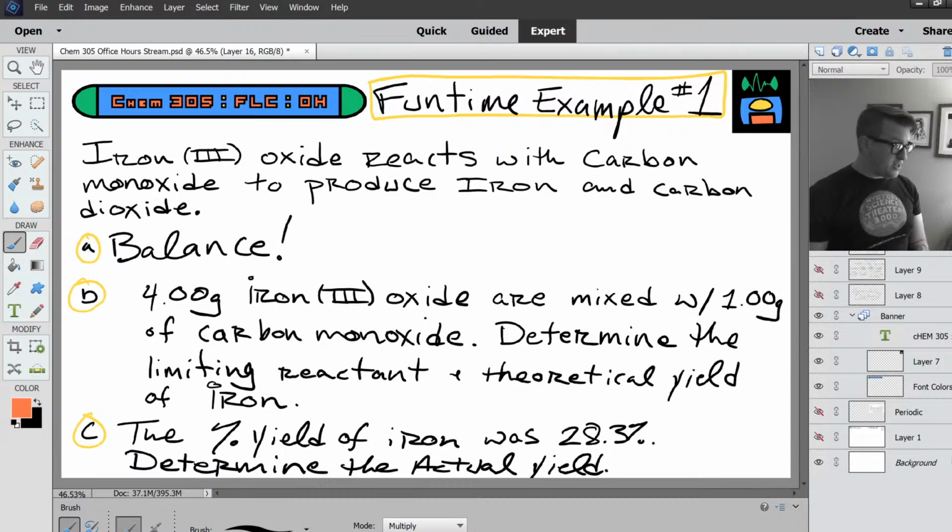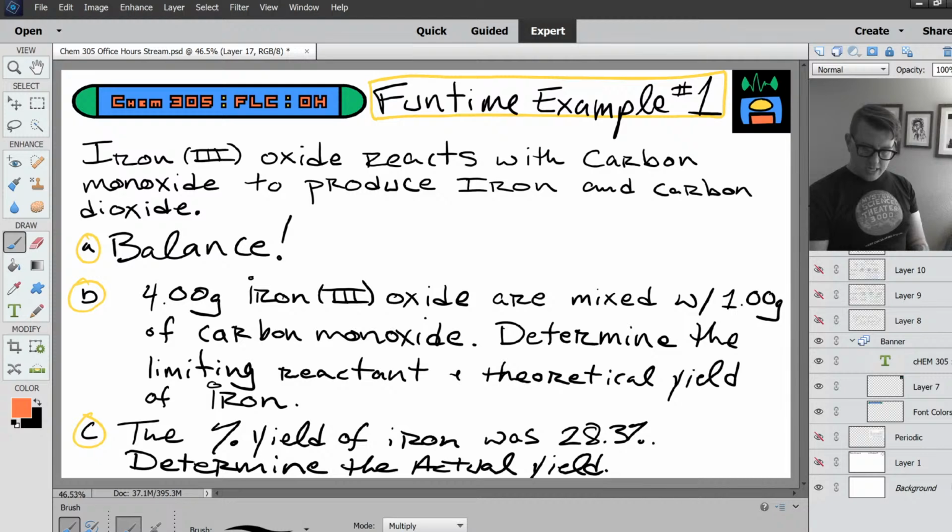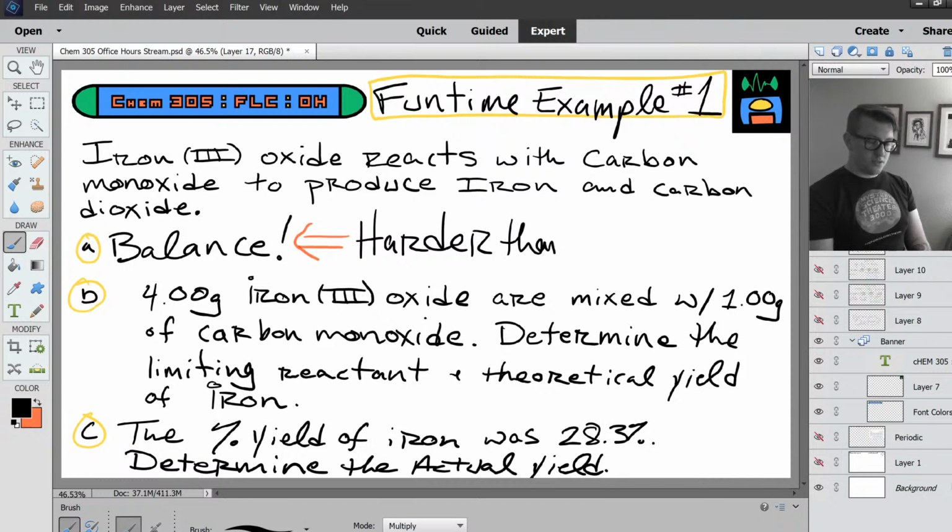Okay, let me just say this really quick. Even though it is possible to balance this equation, this is harder. Balancing this equation is harder than any reaction on exam 2. All right, I did not mean for it to be harder.